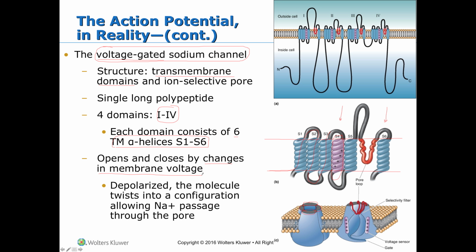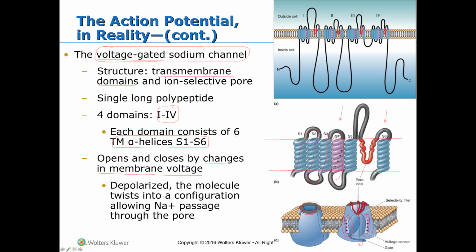When the membrane is depolarized, meaning a more positive value, the molecule twists into a configuration that allows for sodium passage through the pore. So this channel will change and twist into a different configuration, allowing the channel to open, causing sodium to flow in.